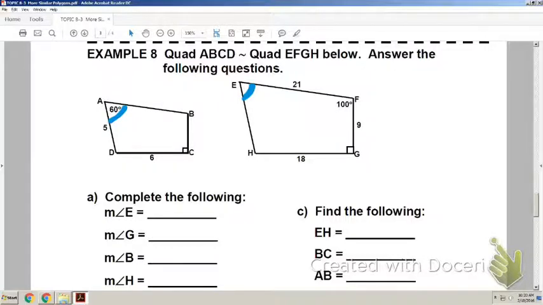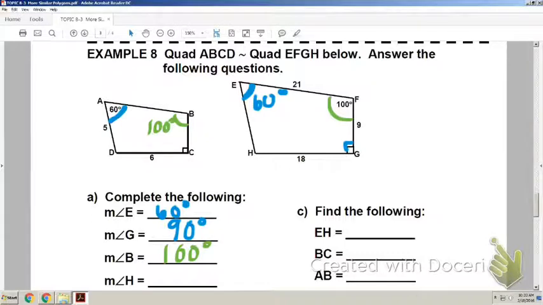So if angle A is 60, so is angle E. So this is 60 degrees. Now we're looking for the measure of angle G. Well, we know it. It's a right angle, so that is 90 degrees. The measure of angle B: B is corresponding to F. So if F is 100 degrees, so is B. So this is 100 degrees.